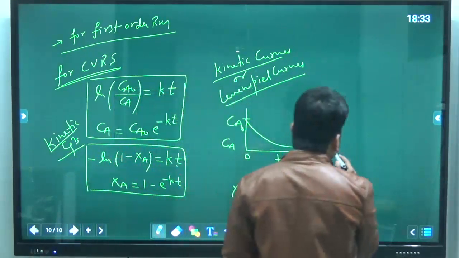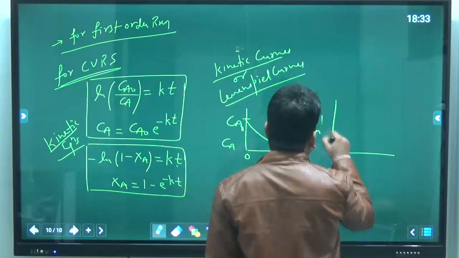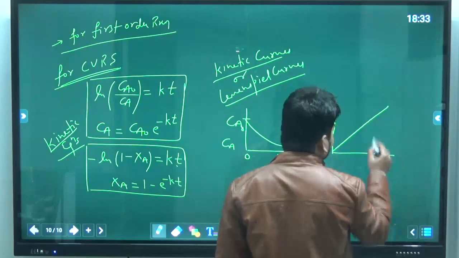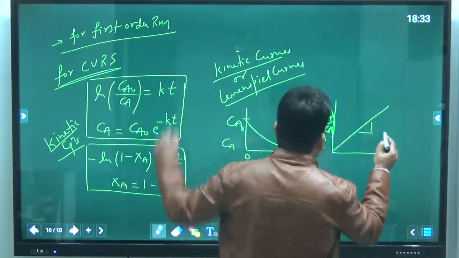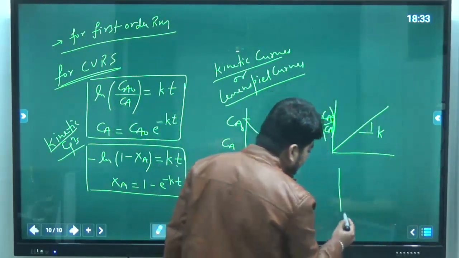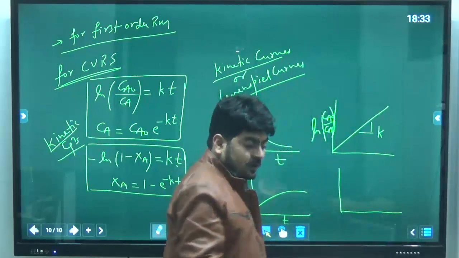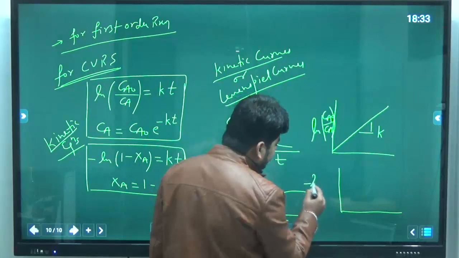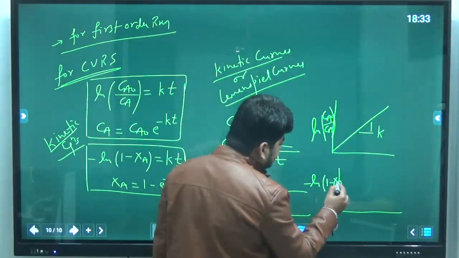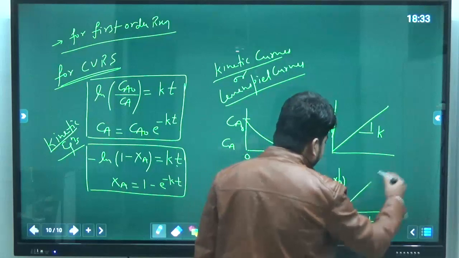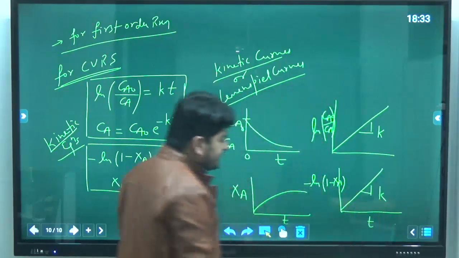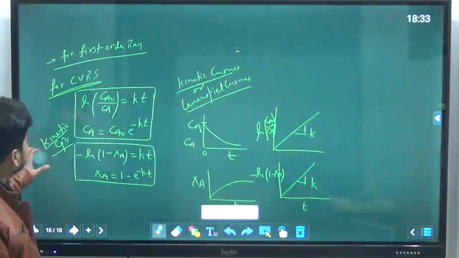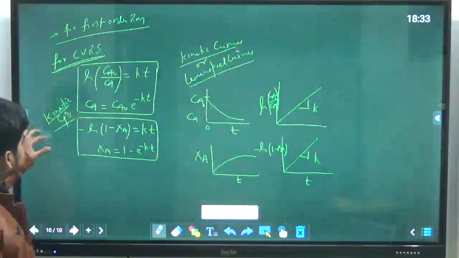If you want a straight line, then draw the curve between ln Ca naught over Ca versus T, that will be a straight line with slope k, y equal to mx. And for conversion, if you want a straight line, just draw the curve between minus ln 1 minus Xa versus T, that will be a straight line with slope k. So this is for first order reaction system in terms of CVRS.